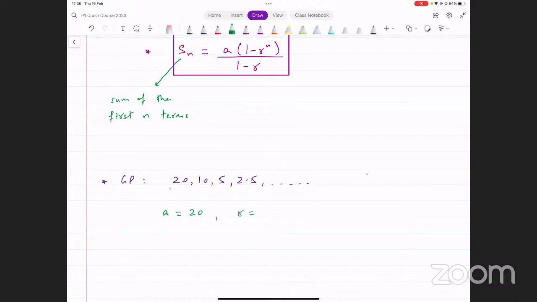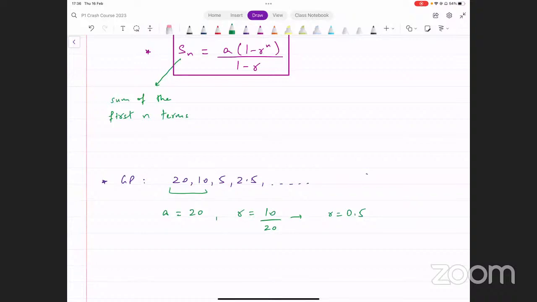Let's say I take 20 and 10, and divide the next by the previous. So this becomes 10 over 20, which gives you 1 over 2, or you could say 0.5. It's an exact decimal, so you could write it in decimals as well, and that's okay. Ratio is 0.5. If it was not an exact number, it would have been better to write it as a fraction.